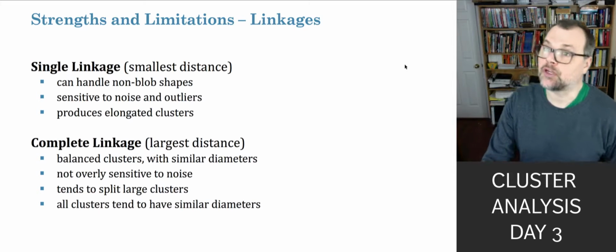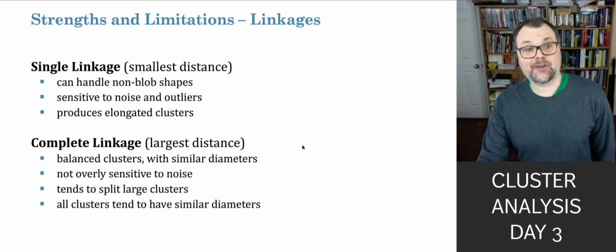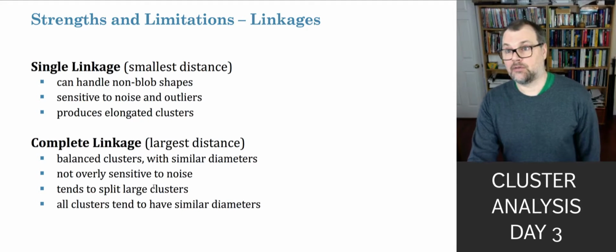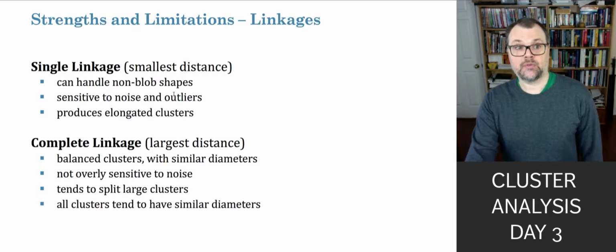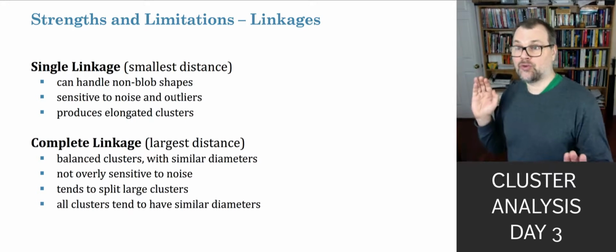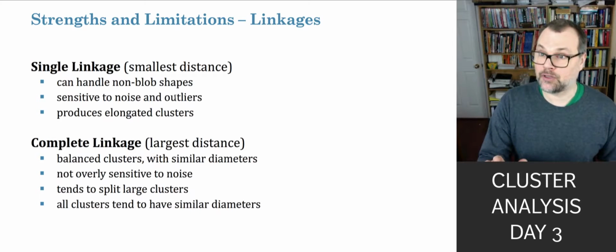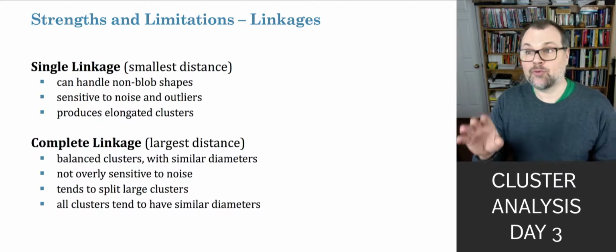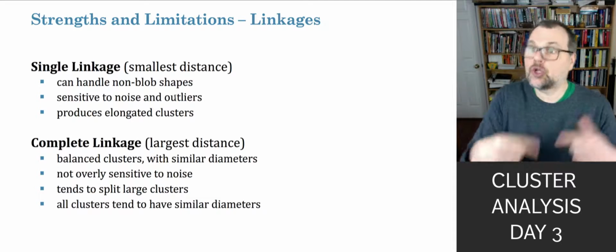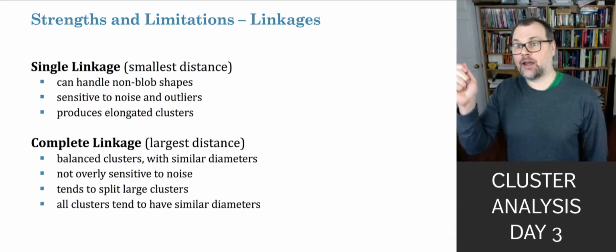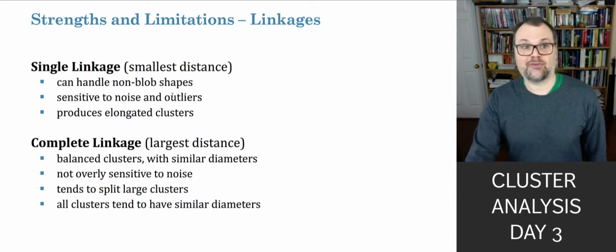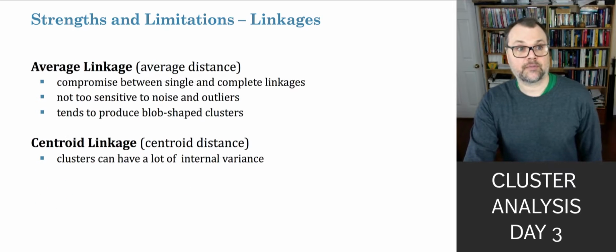That could be interesting or important to you. If you're looking for outliers, though, this isn't great. If you're looking for outliers, you want stuff which is sensitive to noise and outliers, because if you remove the suspected outlier and you get a completely different set of clusters, then there's a good chance that you've identified an outlier. That's one way for you to find things that are not like the others.